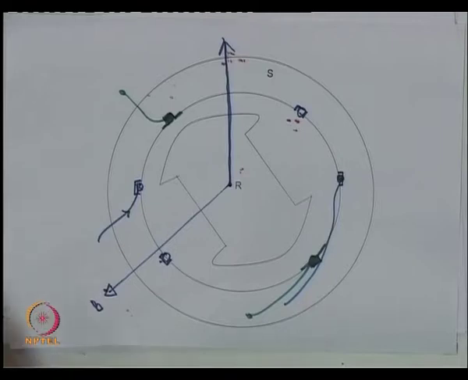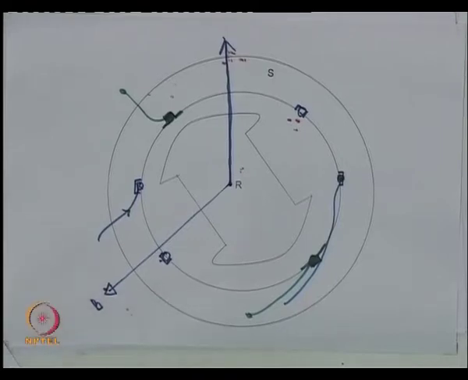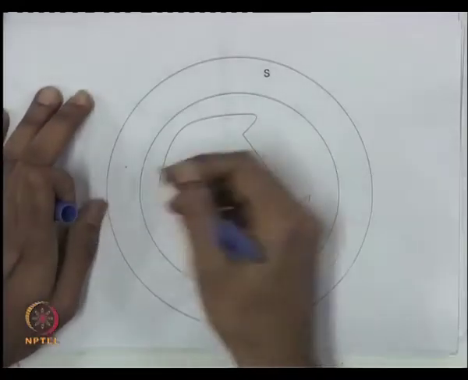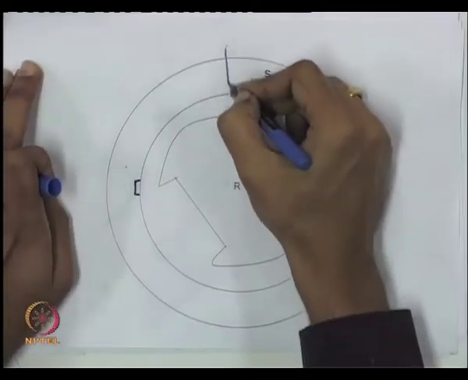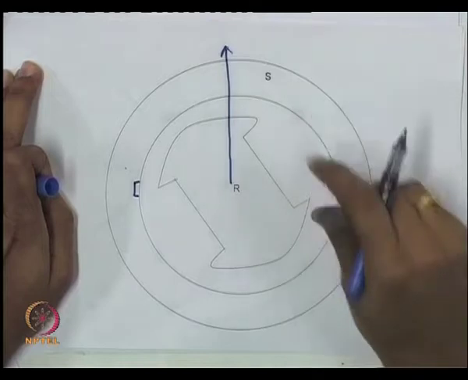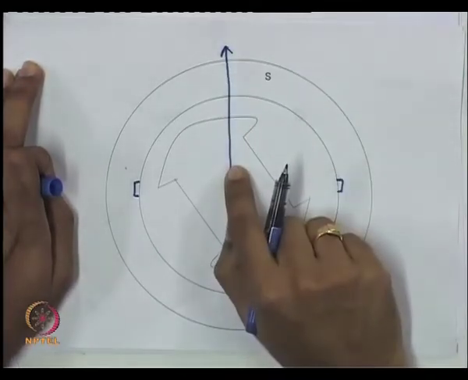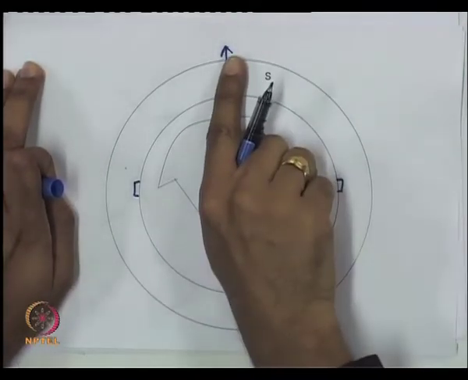The answer is yes. The inductance between the A winding and the B winding is in fact a function of the position, because even if the A winding produces an MMF in this direction, the flux need not have a vector representation in this direction.